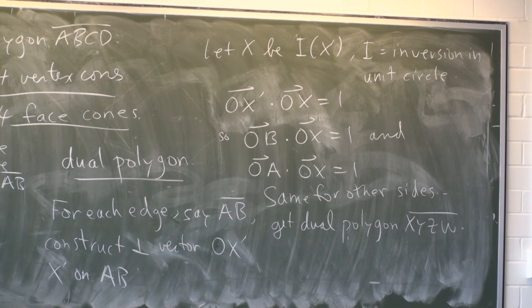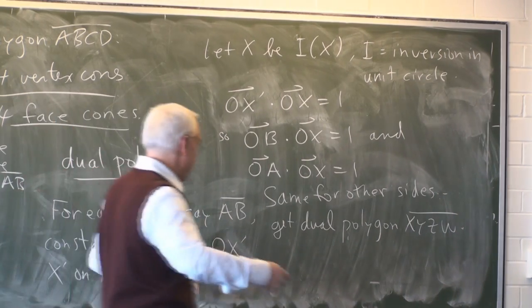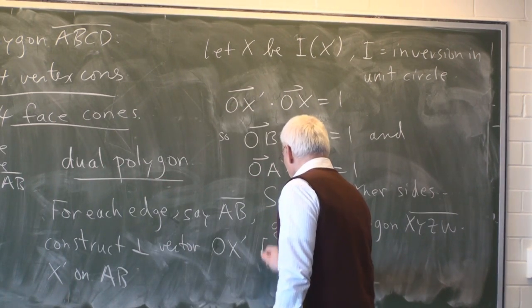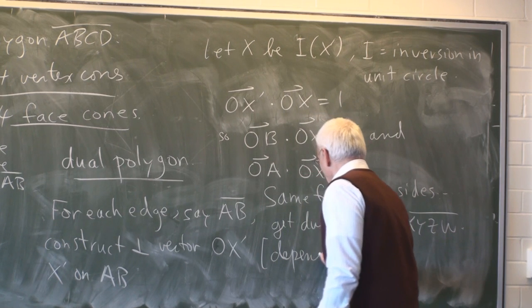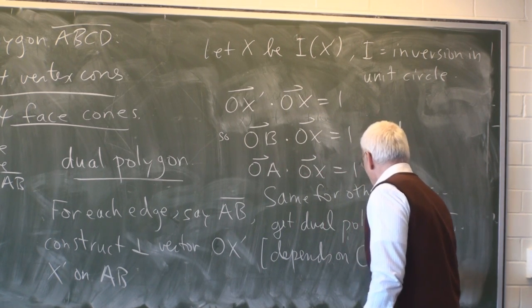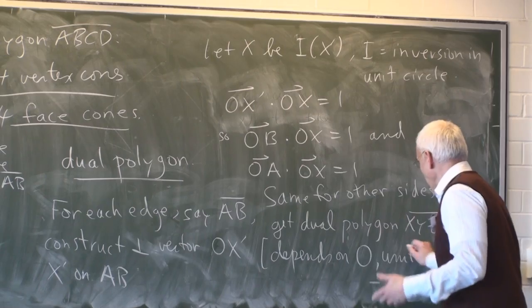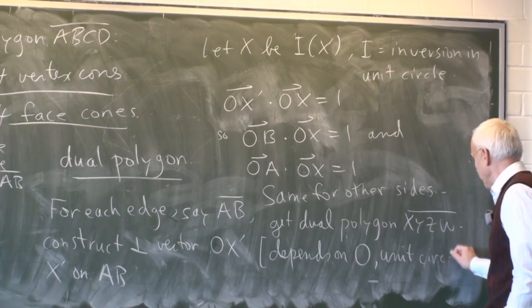This duality depends, however, on our point O and our choice of unit circle. So it depends on O and our normalization of our unit circle.